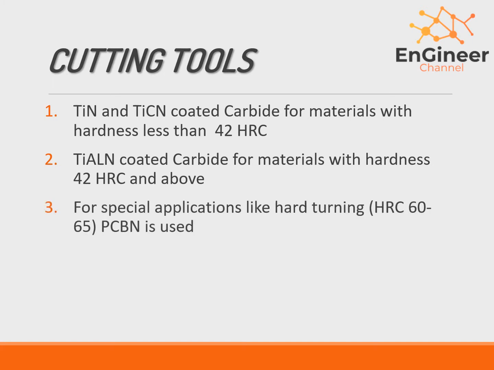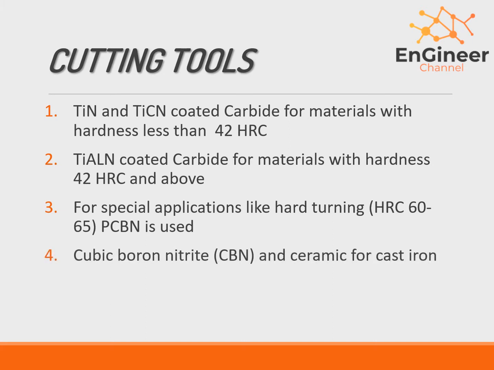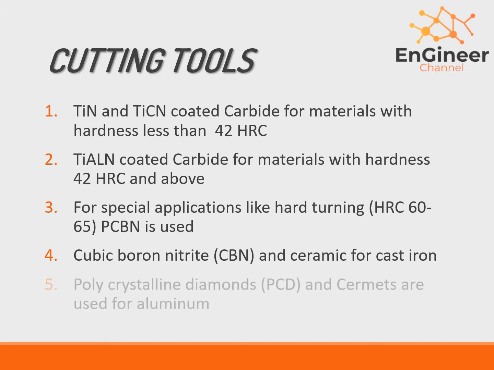For special applications like hard turning, with HRC between 60 and 65, PCBN is used. Cubic boron nitride (CBN) and ceramic are used for cast iron. Polycrystalline diamonds (PCD) and ceramics are used for aluminium.